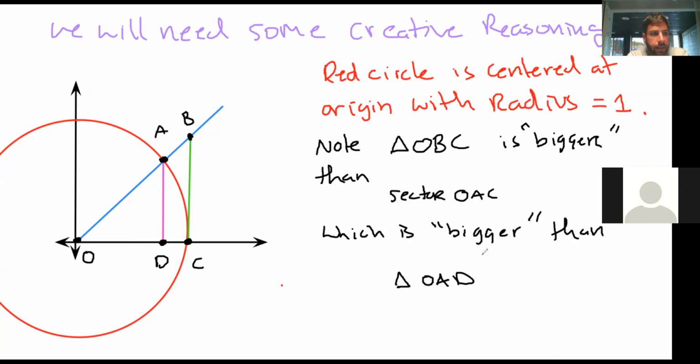So think about that. I have a triangle inside a slice of pizza. If you follow my pen, I have this triangle OAD, which sits inside of this slice of pie OAC, and that slice of pie sits inside of the triangle OBC.